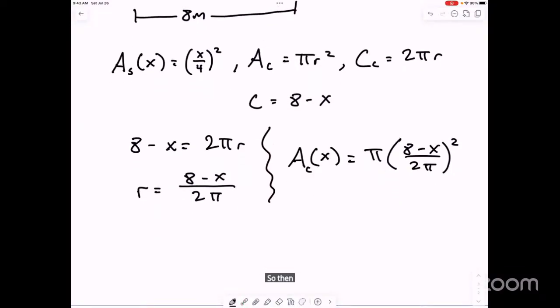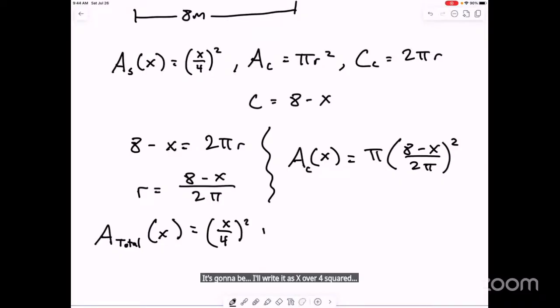So the total area in terms of x is going to be x over 4 squared plus the area of a circle, pi r squared.